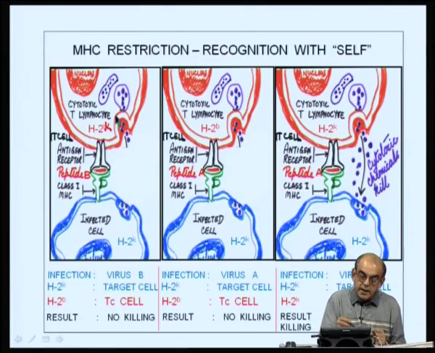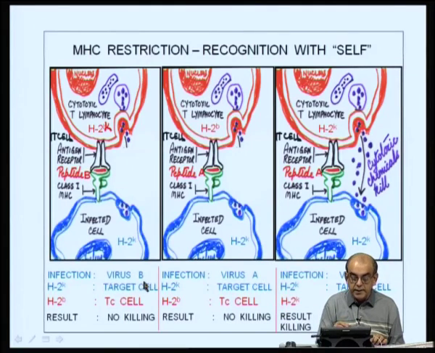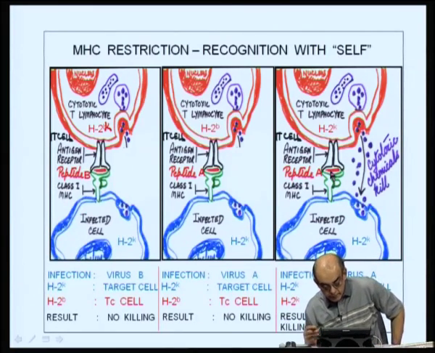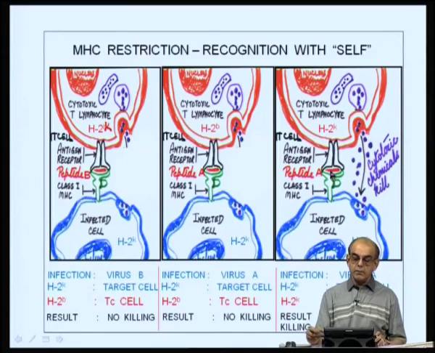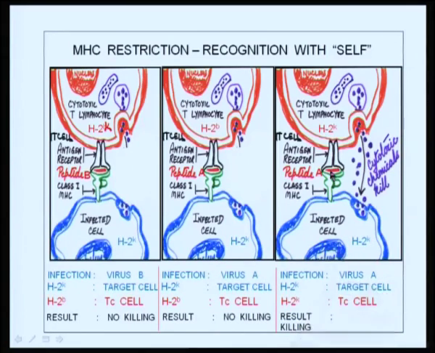Despite this match at the MHC complex, if the virus peptide is different, in other words the virus being different, then also there is no killing of the target cell, unless of course, when the peptide is cross reacting with peptide A. So, this is the phenomenon of MHC restriction, which we have alluded to even in the past lectures.